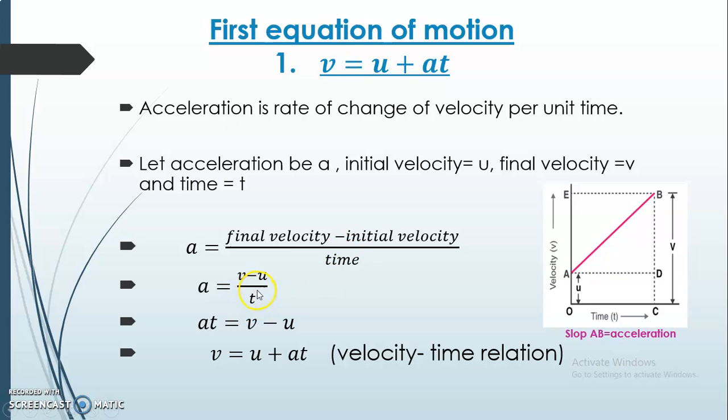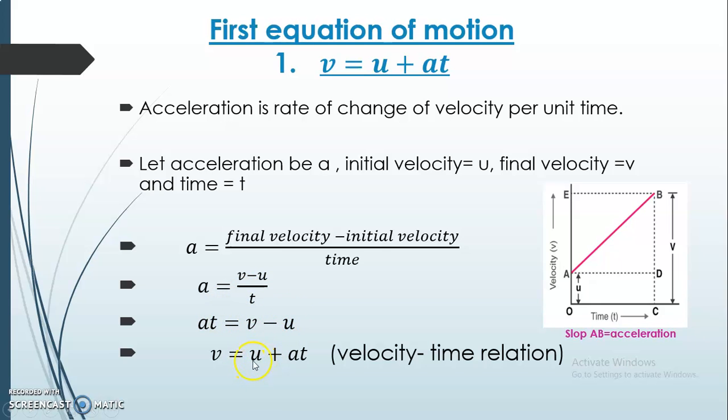So this becomes time t. Okay, now you can easily take this t over there. So this will become at is equal to v minus u. Okay, and again keeping this v on the same side, we can move this u on the other side. So when it goes on the other side, its sign will change and it will become positive.